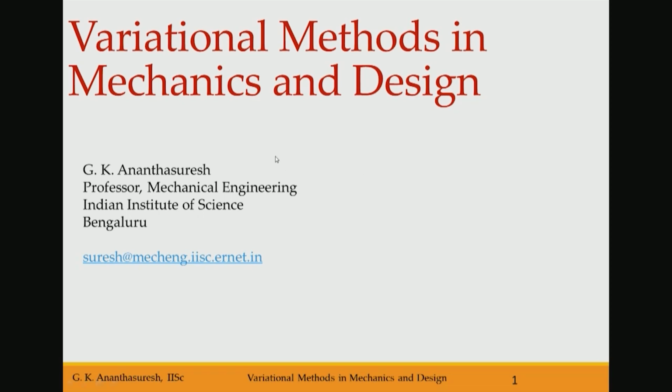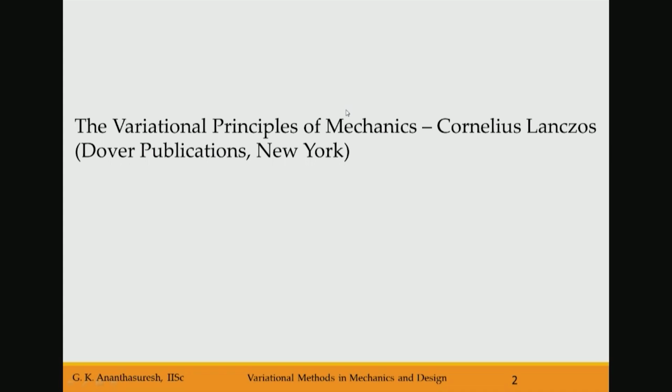Okay, as you can see the title, first let us understand the words in the title: variational methods in mechanics and design. Here is a very good book called The Variational Principles of Mechanics by Cornelius Lanczos, Dover Publications, that means it is affordable, accessible.